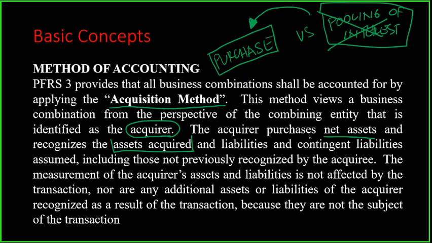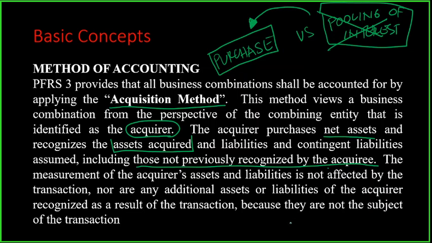So the acquirer purchases the net assets of the acquiree and recognizes the assets acquired and liabilities and contingent liabilities assumed, including those not previously recognized by the acquiree. We'll go back to this part soon, because in the process there may be expenses or assets that are not in the books of the acquiree, which were identified in the process of business combination.